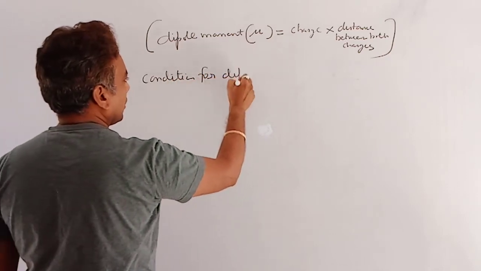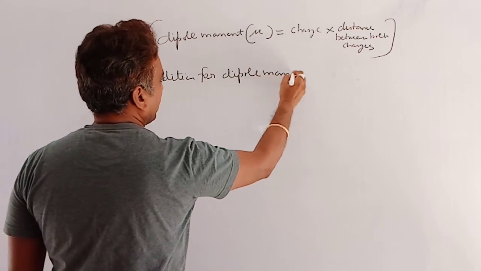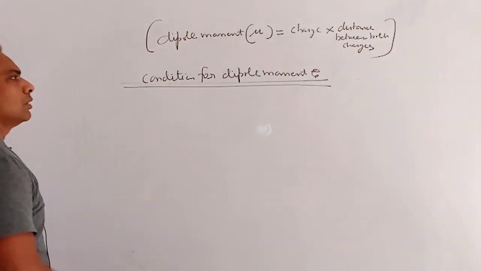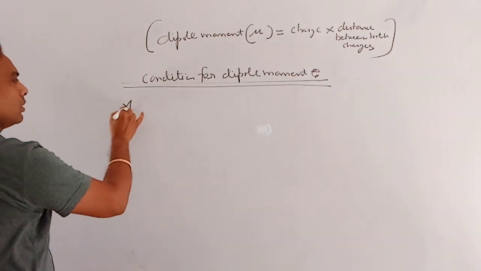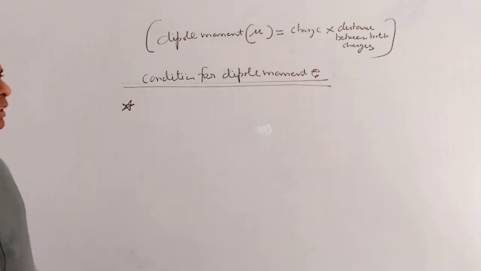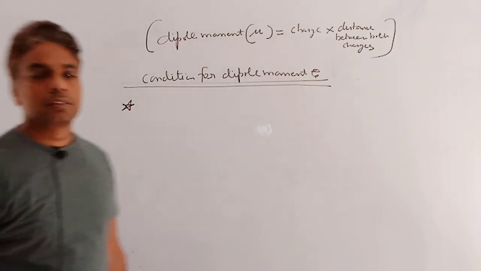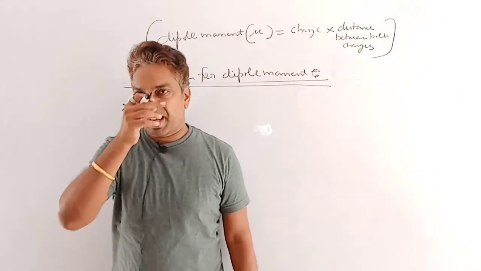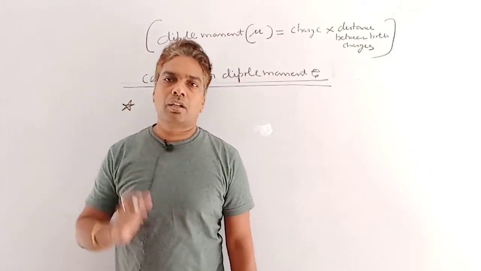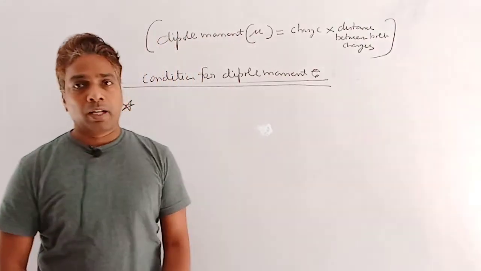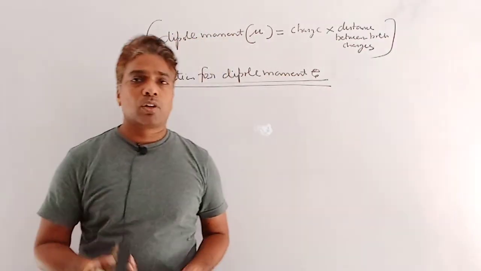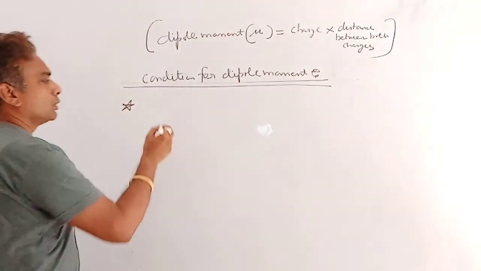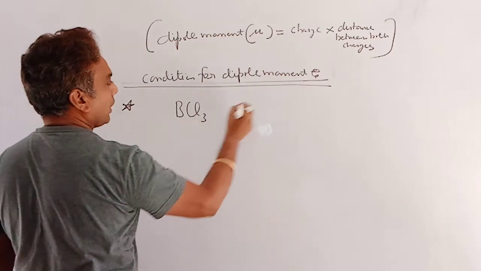First point, remember that if the central atom contains at least one lone pair, it shows dipole moment, while the lone pair distorts the geometry of the molecule, which is responsible for the dipole moment. Suppose the example is like BCl3 and NCl3.